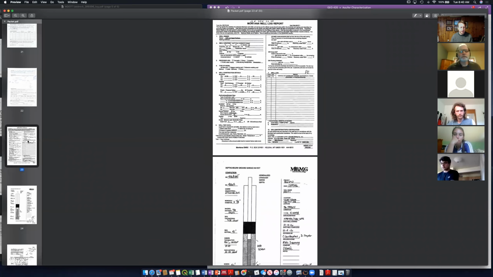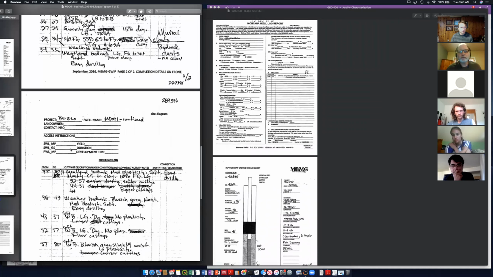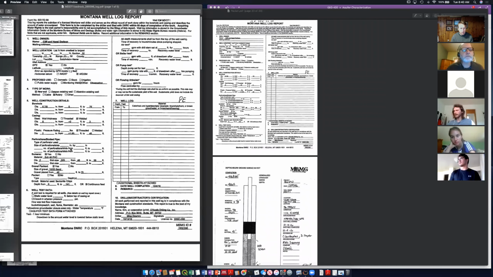Let's see if I can find that on our driller's log here. Doesn't look like we have information on where and when or how much water we got.